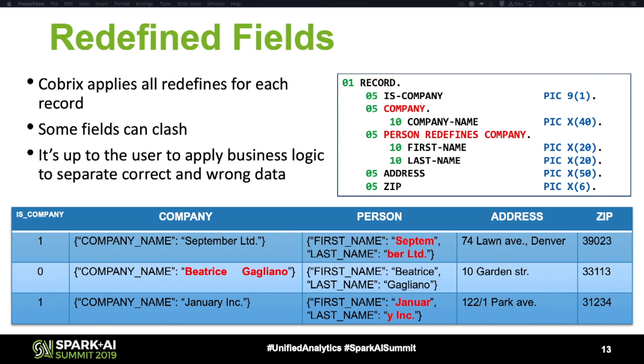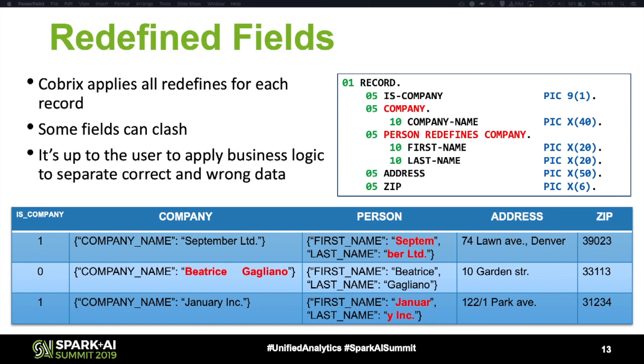So what Cobrix does is that we try hard to parse everything as if every redefine is valid for every record. And we get a data frame that contains fields that may not have semantic meaning, I would say. So in order to be able to clean up such a data frame, we need to apply application level logic.